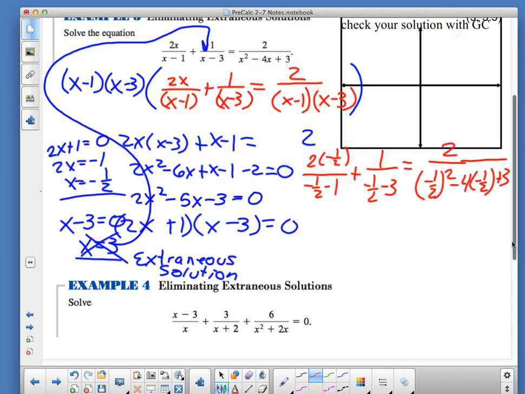Okay, so now I've got negative 1 up top, and I've got negative 3/2 on the bottom. That's 2 over 2, yep. Plus 1 over, I got negative 7/2 on the bottom, equal to 2 over 1/4 plus 2 plus 3.